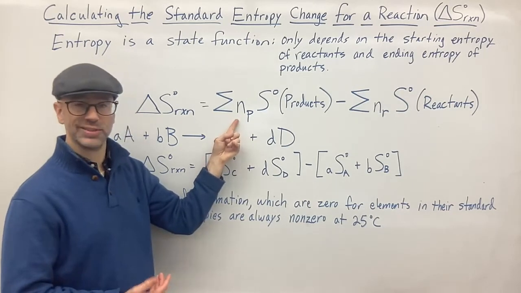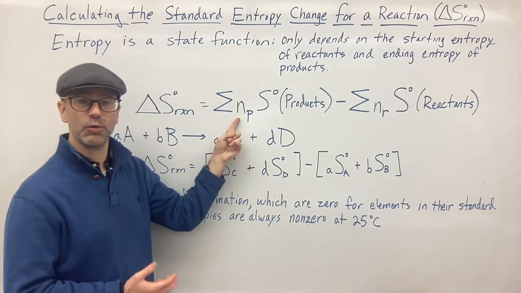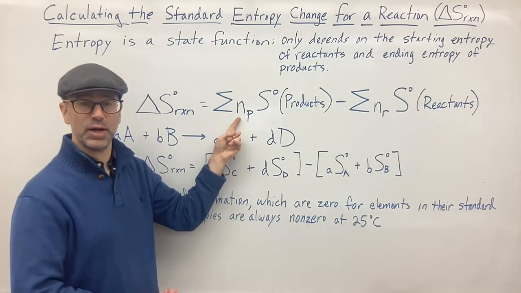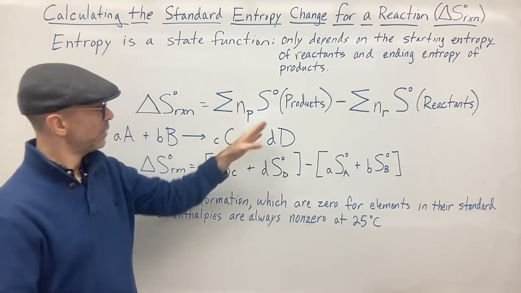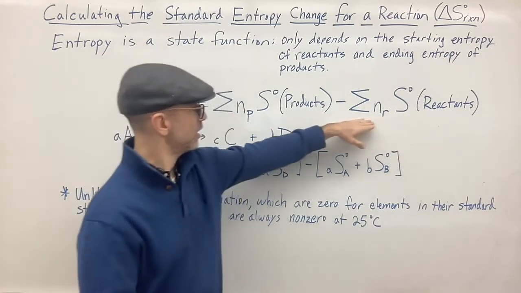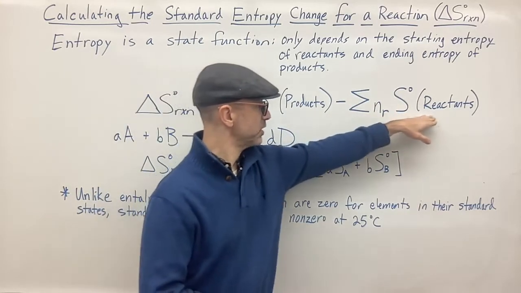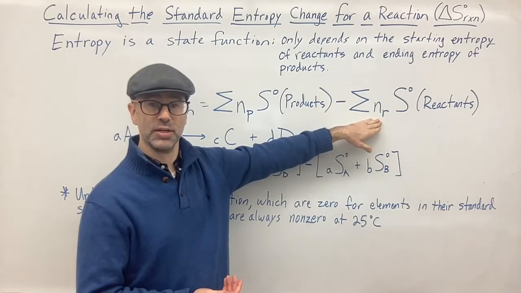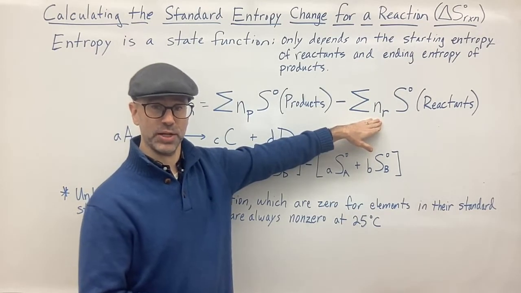That just means they're multiplied by the coefficients of the substances in a balanced equation. Then we're going to subtract the sum of the standard entropies of the reactants, multiplied by their stoichiometric coefficients in the balanced equation.